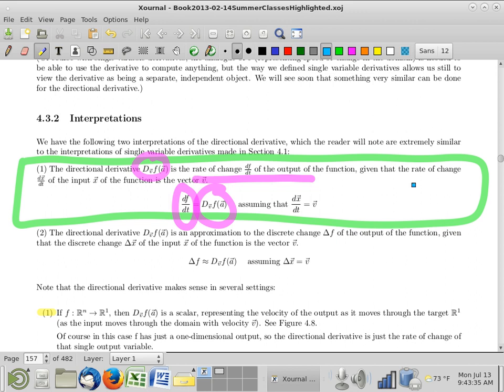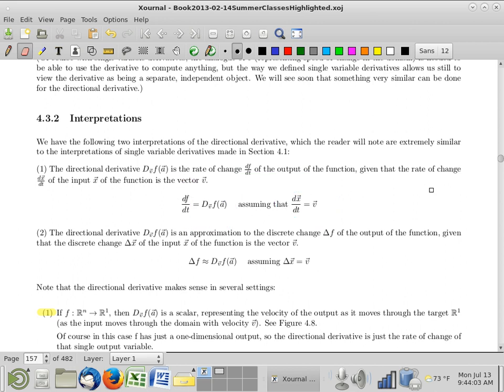Given a certain rate of change of the input of the function. Right? So this construction says if you give me an input rate of change, an input velocity, the directional derivative computes for you the output velocity, the output rate of change. So that's one way you can think about the directional derivative construction, and that's the way I sort of presented it in the motivation that I gave.